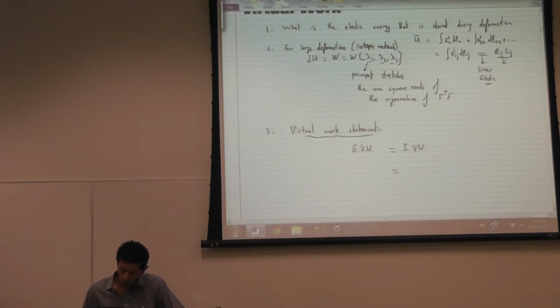This is equal to the sum of sigma ij epsilon star ij integrated over the volume. This is equal to the external virtual work. The external virtual work is equal to the work done by the external forces on the surface plus the work done by the body forces inside the body.